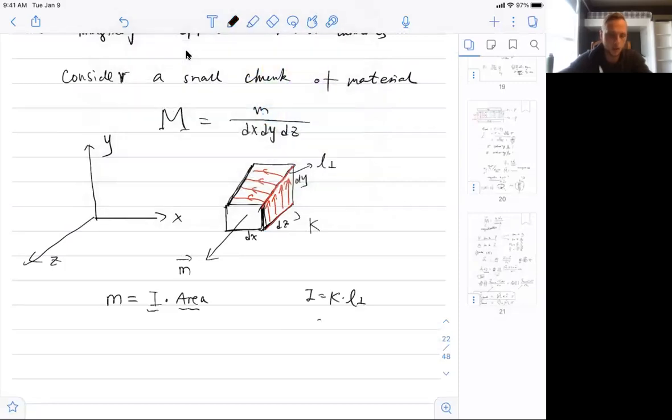So the current is K dz. And what about the area? This is my dipole moment and this is my area, dx dy. Yes, it's dx dy. So it's going to be K dx dy dz.